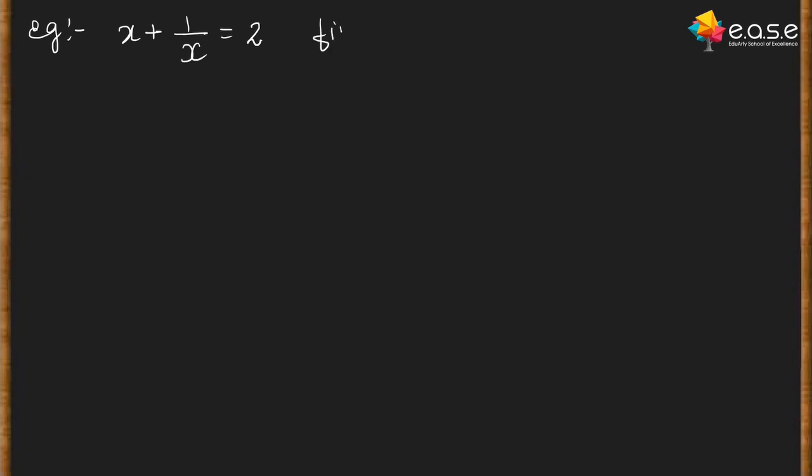Okay, we have to find x square plus 1 by x square. Okay, and there's one more we have to find out. We also have to find out x to the power 4.